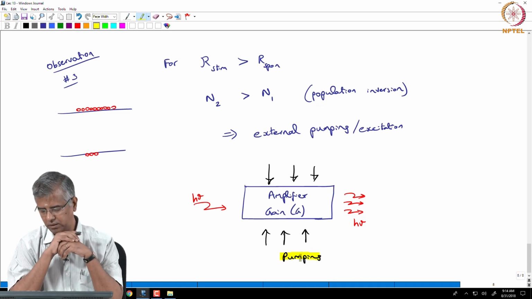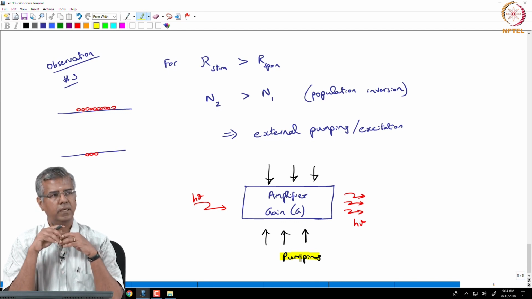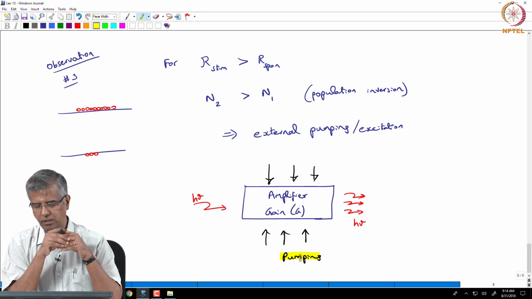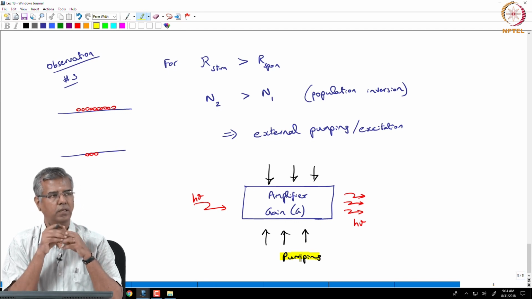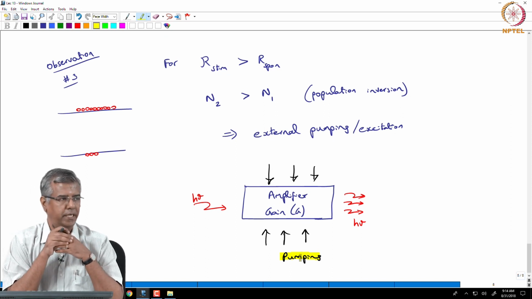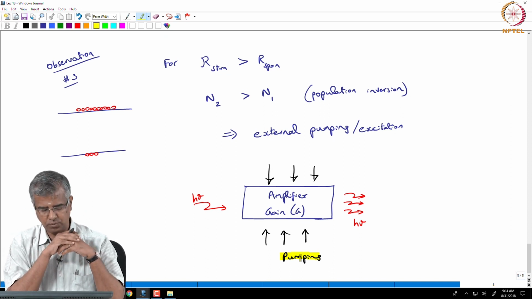By using external pumping, we can actually achieve this population inversion, and once you achieve that population inversion, then you could potentially have a large rate of stimulated emission happening compared to spontaneous emission, and through that process we achieve amplification, light amplification, right. That's where we left off things.